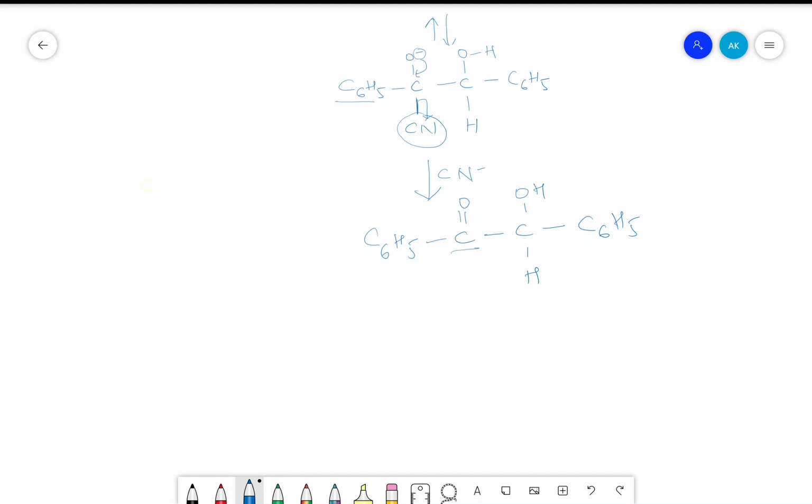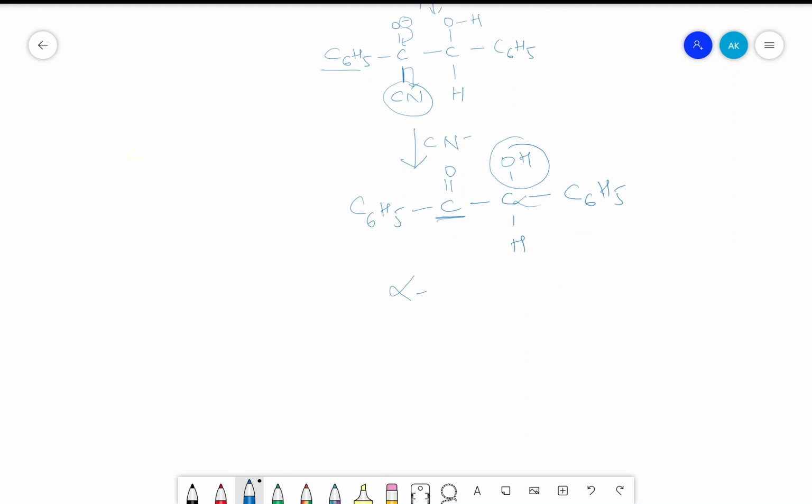This is your functional group ketone, this is your alpha carbon, and this is your alpha hydroxy group, alpha hydroxy ketone, which is also called benzoin.